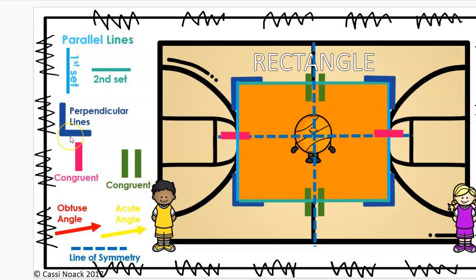It has 4 right angles, so they put the perpendicular line symbol on each corner. There are no obtuse or acute angles, but it does have 2 lines of symmetry, one vertical and one horizontal, each dividing it into 2 congruent shapes.